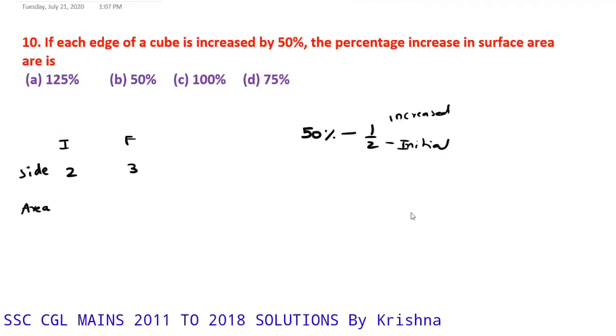So area will be increased by square times: 2 square is 4, 3 square is 9. So the increase in surface area is 5 units on 4, into 100%, which gives us 125%. So if each edge of a cube is increased by 50%, the percentage increase in surface area is 125%.